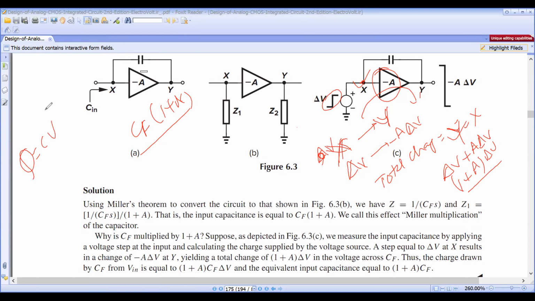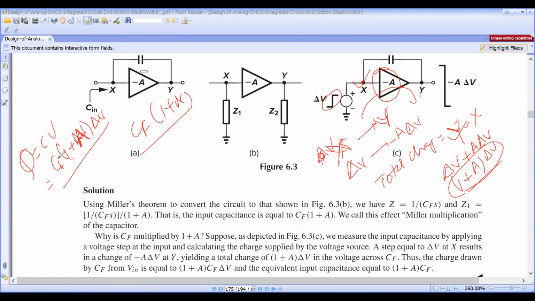C is the CF, multiplied with the voltage change, which is 1 plus A into delta V. And this is the charge drawn from the CF. Okay, this is the charge.